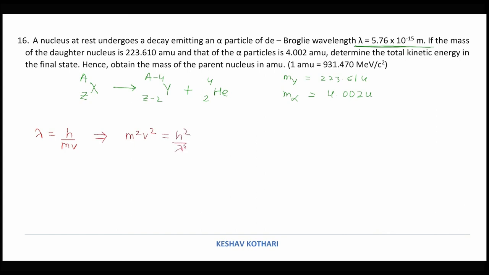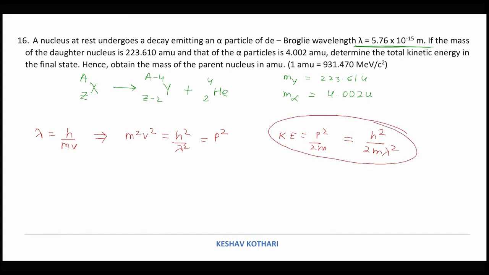So the kinetic energy which we are looking for is equal to p square by 2m, and hence if we put the value of p square as h square by lambda square, we get kinetic energy as h square upon 2m lambda square. So now we are applying the equation. This is going to be our working formula.